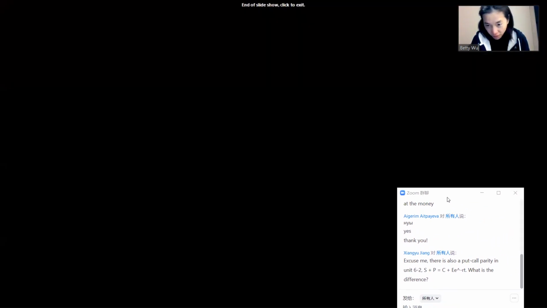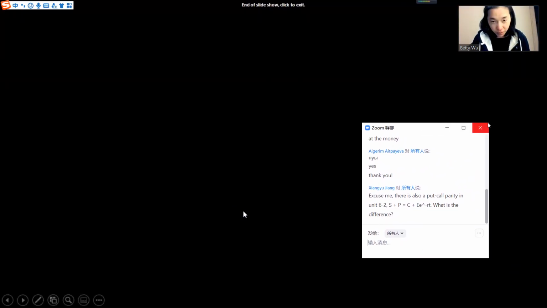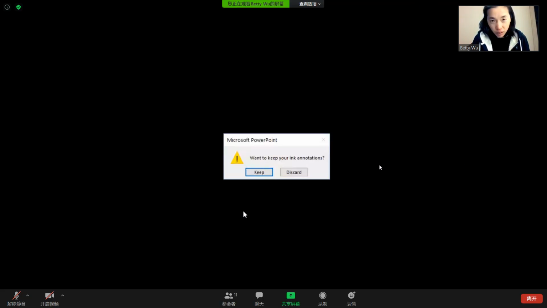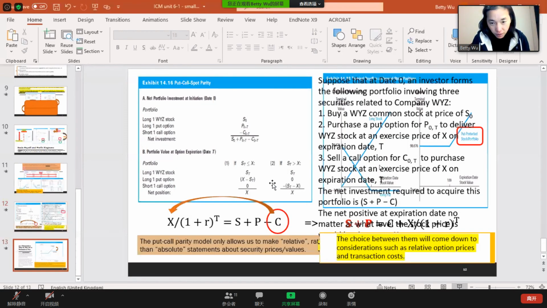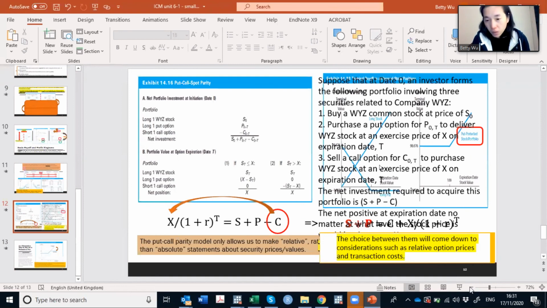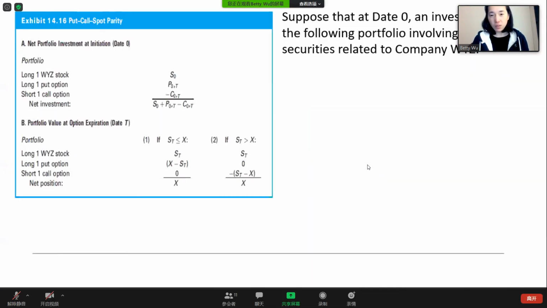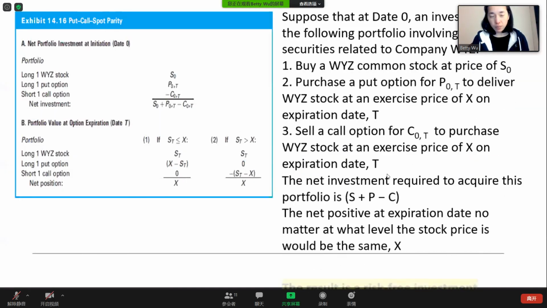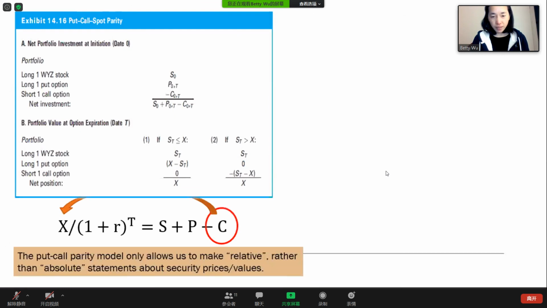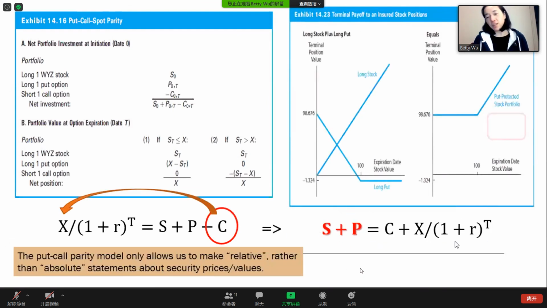I know this looks a little bit scary, but okay, let me discard. We can get this parity. Where is it? Okay, here. What's the main difference if I use e to the power minus RT?